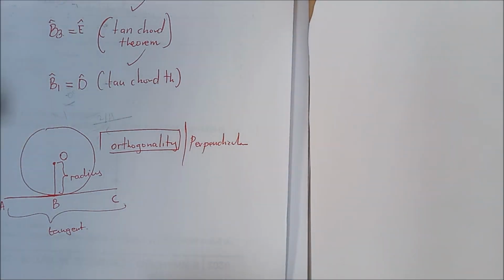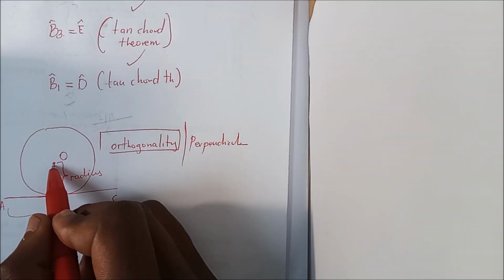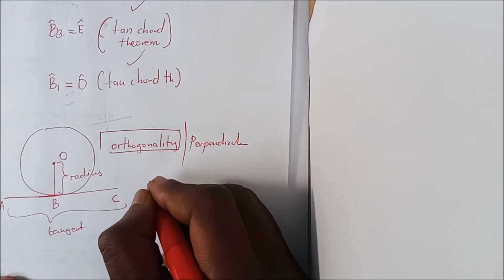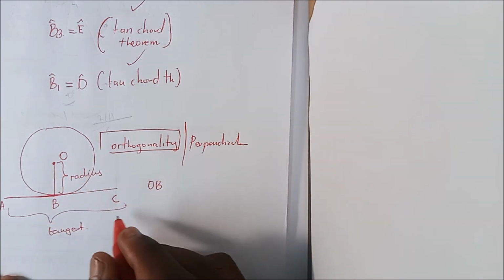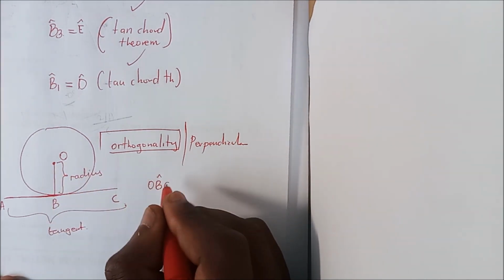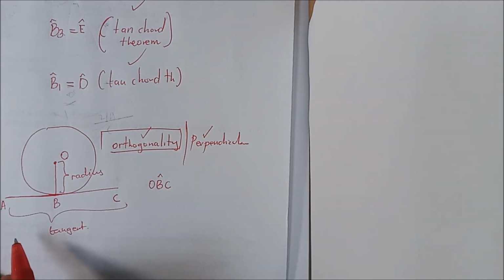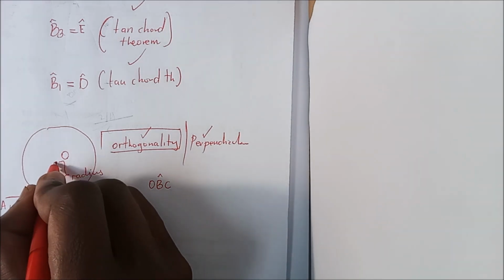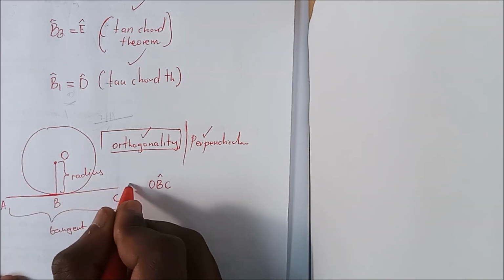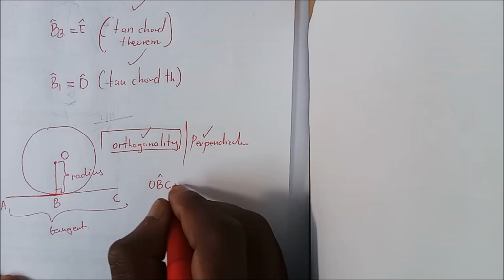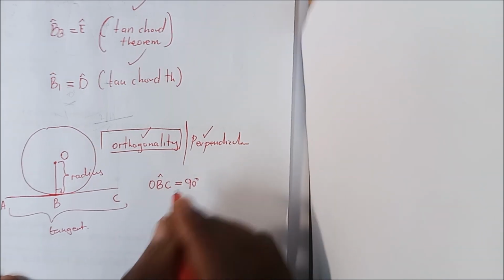So now we are allowed to say OBC, since these two they form orthogonality or they are perpendicular, we can say OBC. We're talking about this angle. We are saying is equals to 90 degrees.